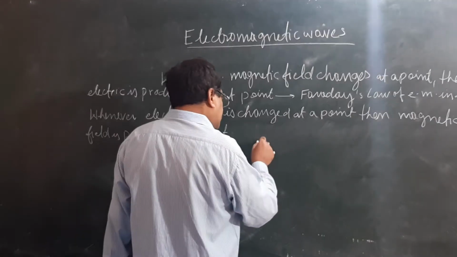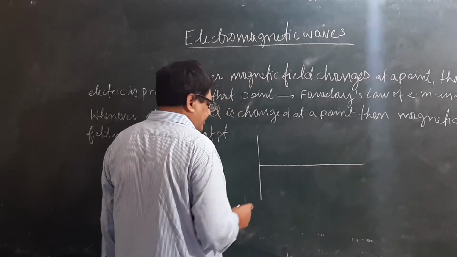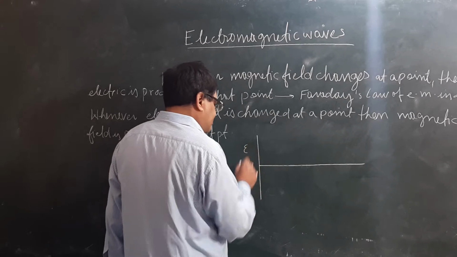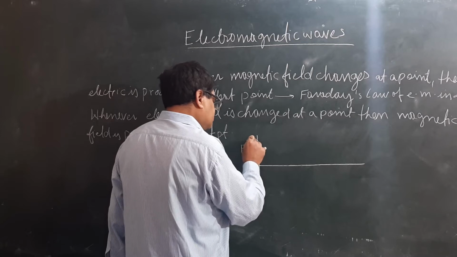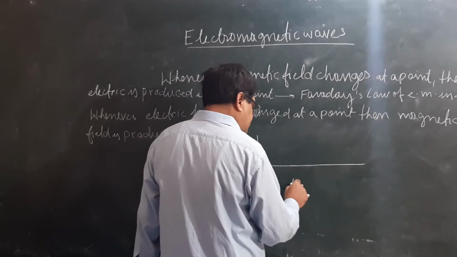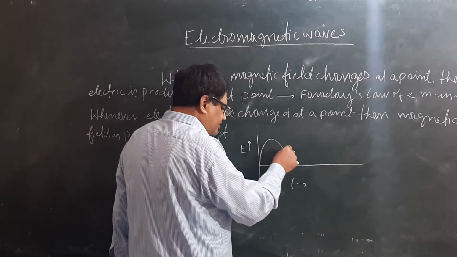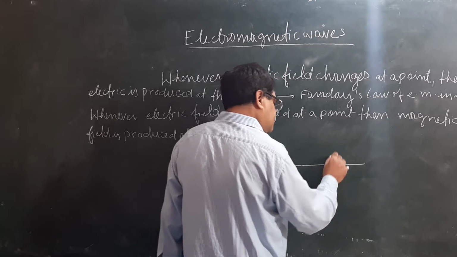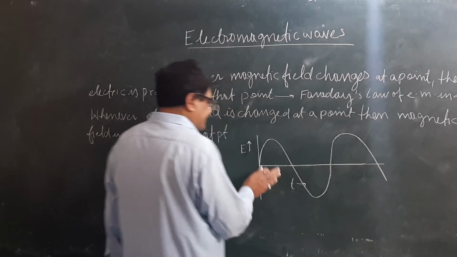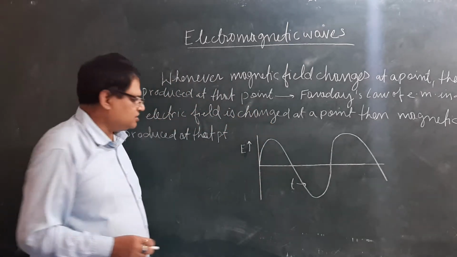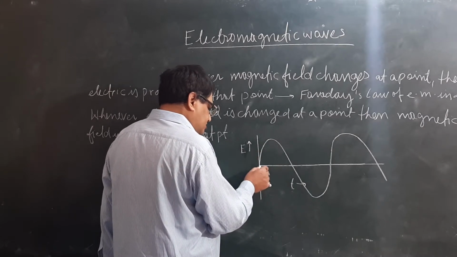Now, suppose we plot a graph between electric field and time. So this is the electric field and say this is the time. Electric field will keep on changing with time like this. So this is the plane containing the electric component of the wave. Now when this electric field changes, then magnetic field is induced.